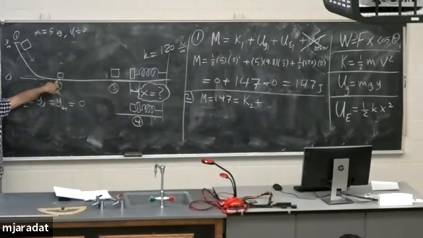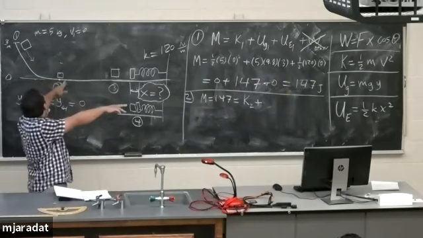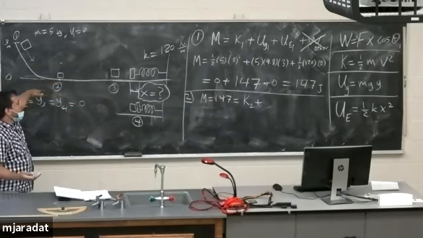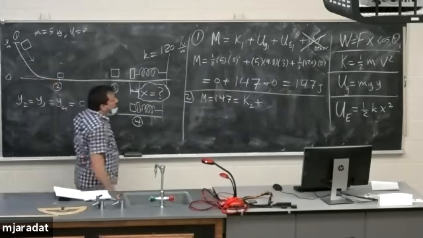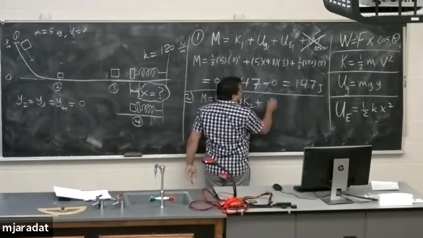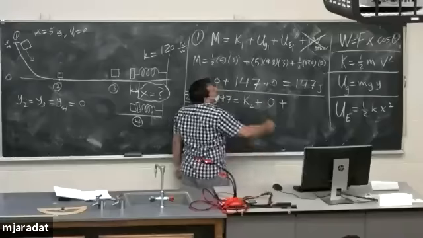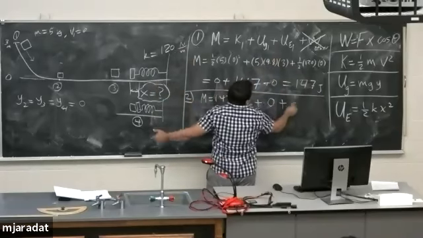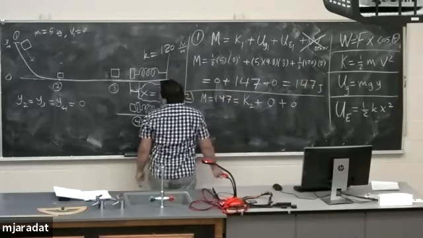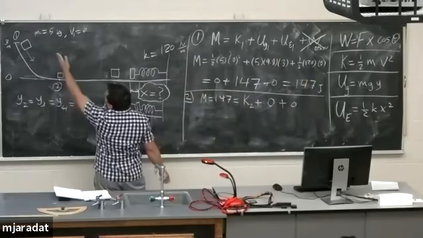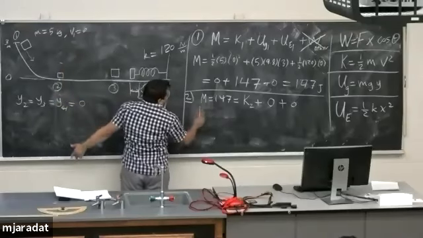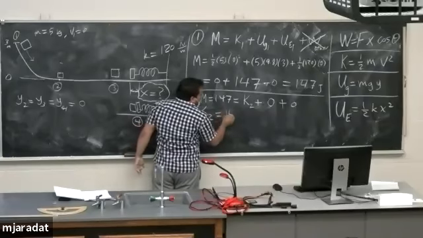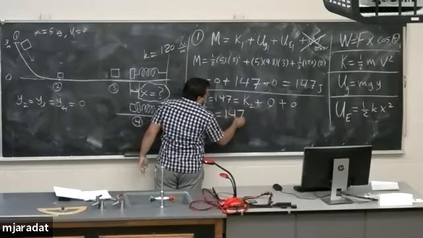Can't tell me? It is mgy. How much is y? It is 0. So the potential energy due to gravity is 0. Plus, how much is the potential energy due to the spring? There is no compression. It is 0. So the kinetic energy at the second point is equal to 147 joules.